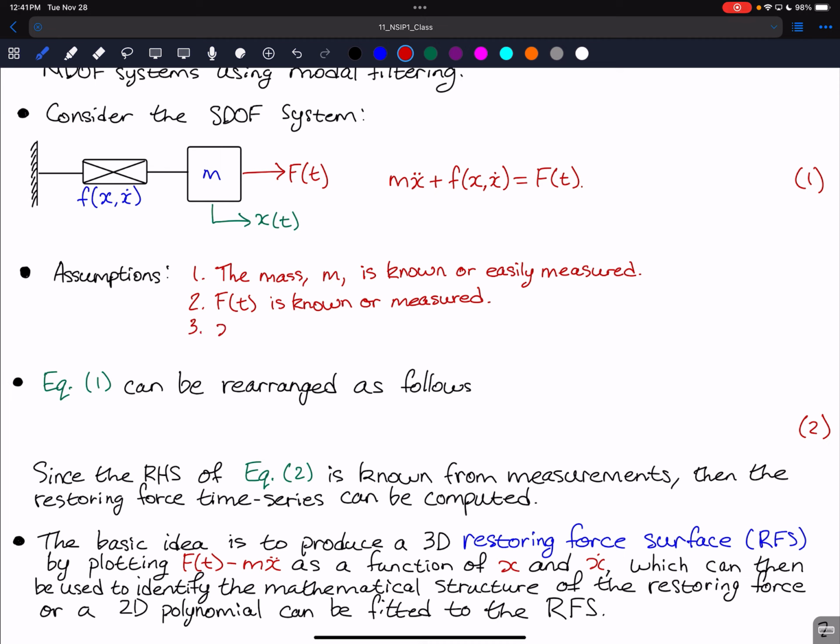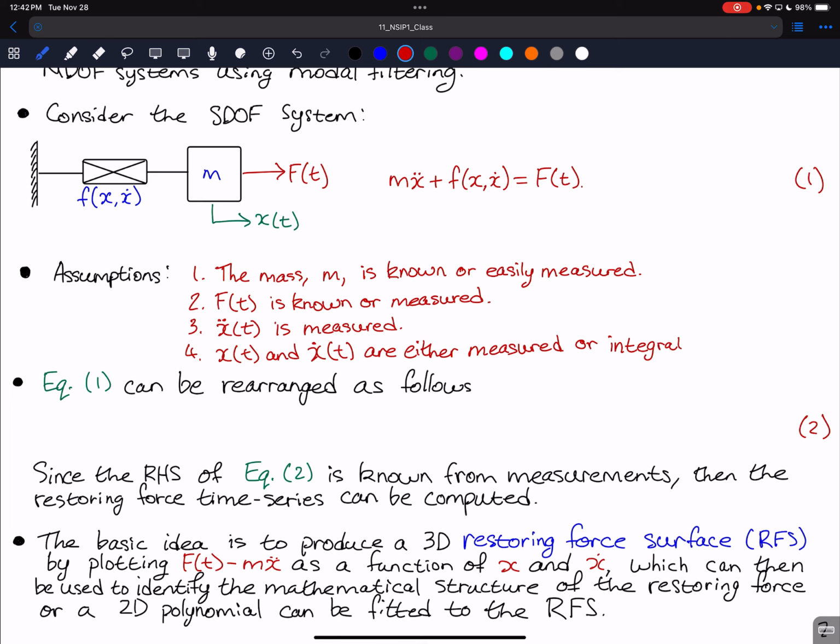Third assumption is that the acceleration x double dot of t is measured. So we're assuming that you are measuring the acceleration. Pretty standard thing to do in vibrations anyway, using accelerometers. And then the displacement x of t and the velocity x dot of t, we're assuming that these are either measured or you can get them by integrating that acceleration.